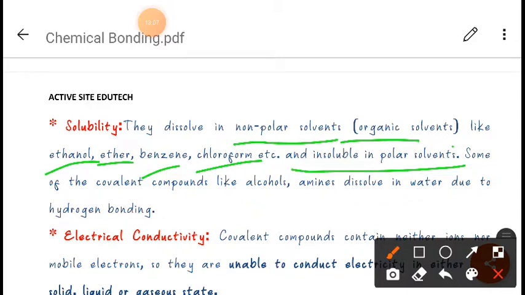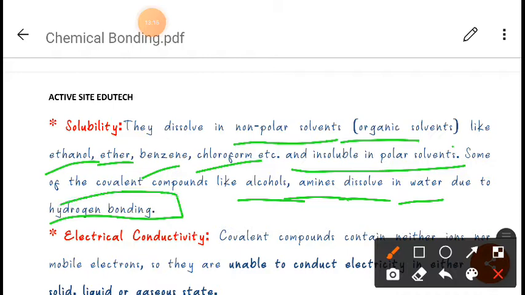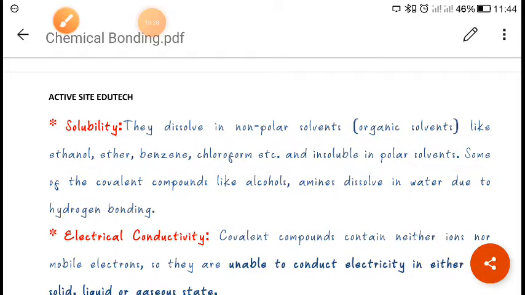So some of the covalent compounds like alcohol, amine dissolve in water due to hydrogen bonding, right, because they are covalent compounds but they are soluble in water because of the hydrogen bonding. Hydrogen bonding also we have discussed in the previous chapter, right.